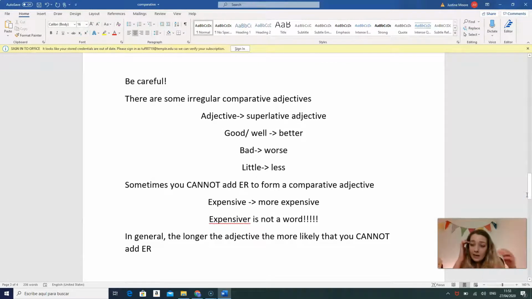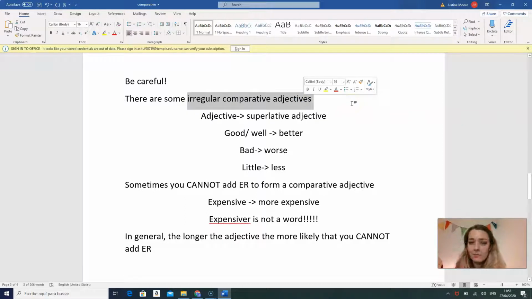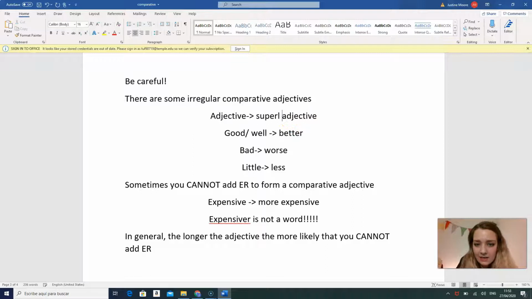You have to be careful though, because there are some adjectives that you cannot put ER on. They're irregular. They change. There are irregular comparative adjectives. This should say comparative adjective, my fault.